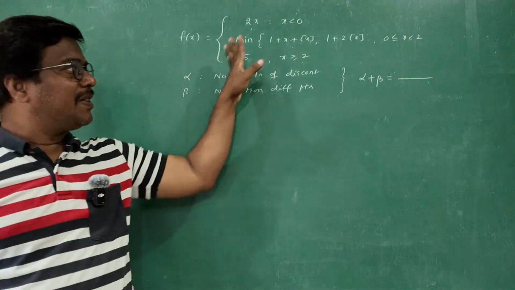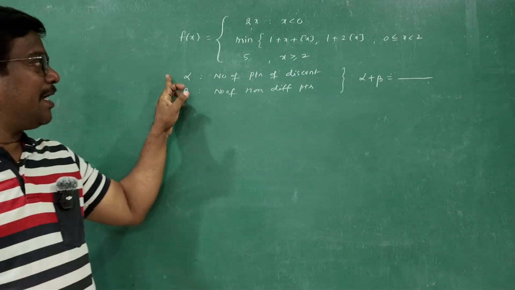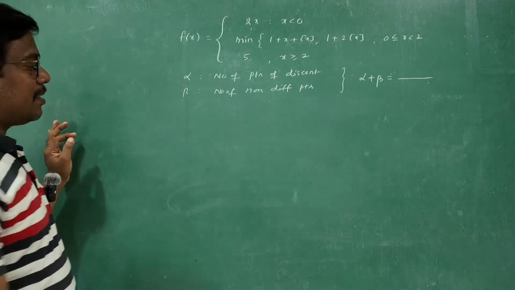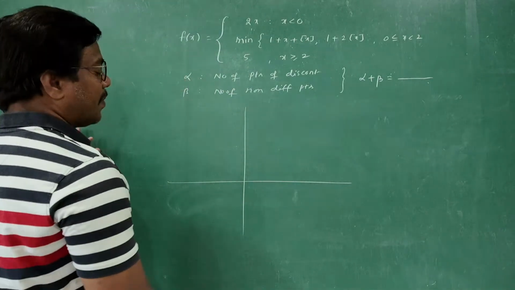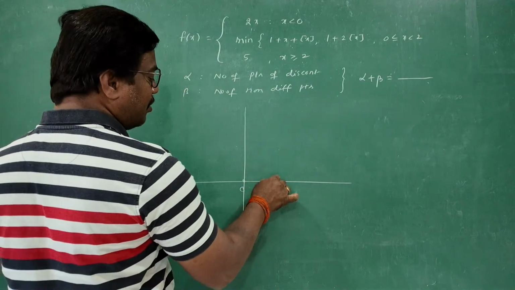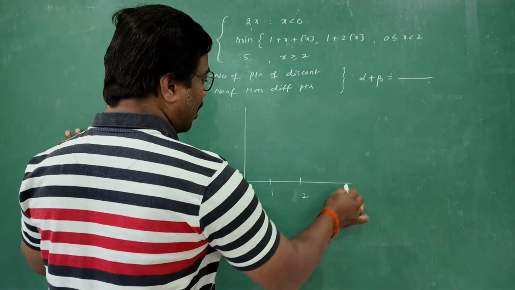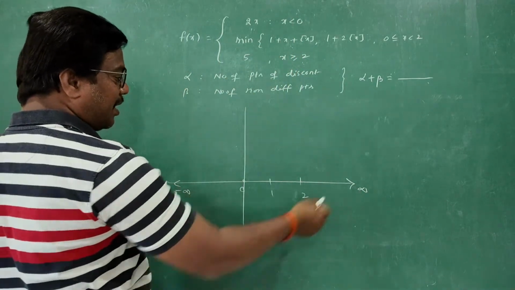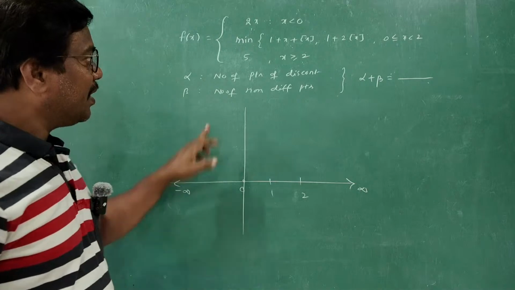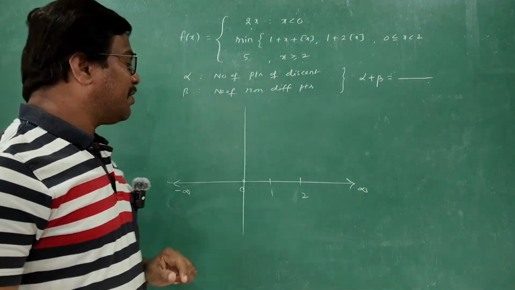Just draw the graph in the given boundary and then by observation write what is the value of alpha and beta. I am going to draw the graph. Here it is 0, 1, 2 and then more than 2. Less than 0 you have up to minus infinity, up to infinity here. See the third one, f of x equal to 5 for all x greater than or equal to 2.